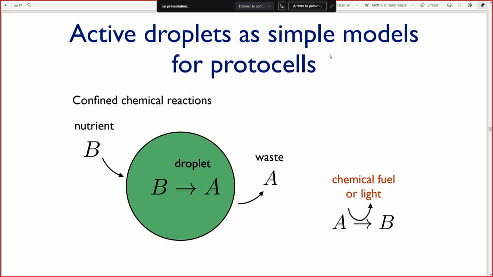Now, what this means is that such a droplet attains a specific size. So rather than growing, it goes to a certain size and stays there. If it's larger, it would shrink. If it's smaller, it would grow. And this also led us to think of these systems as very primitive models of cells. They don't have a membrane.